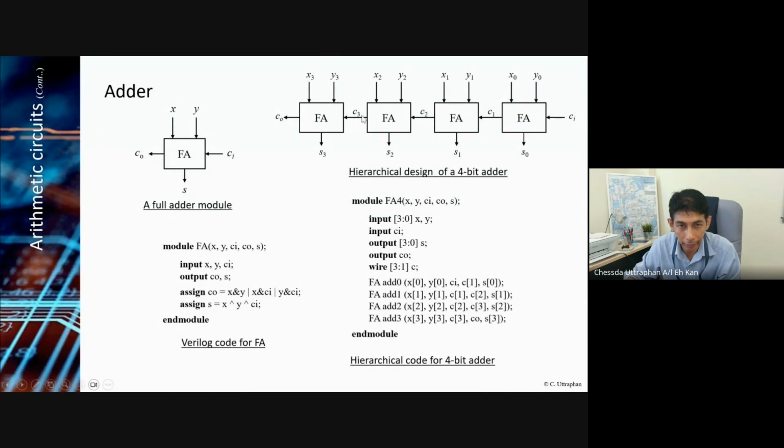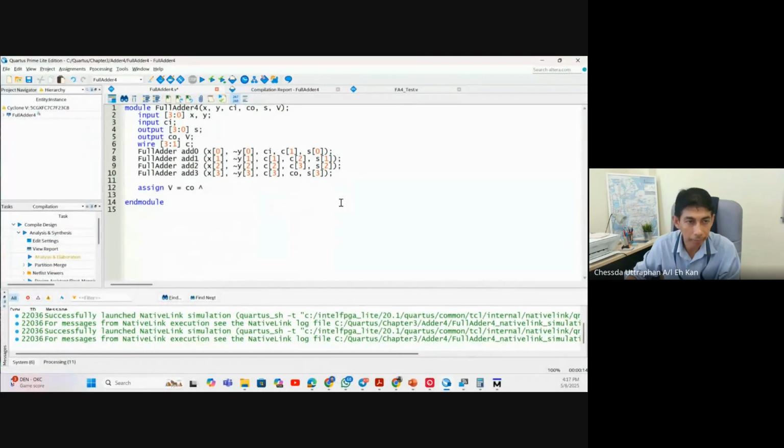CO and C3, right? So it should be C3. And we have V already.